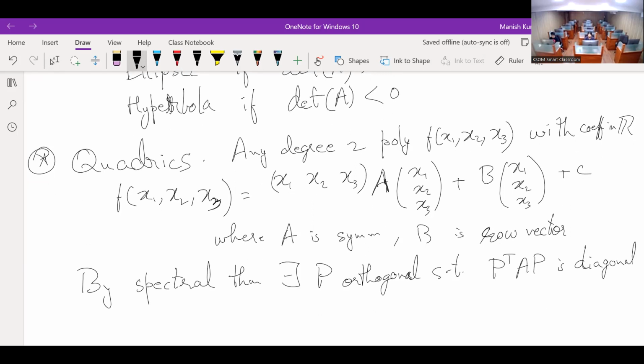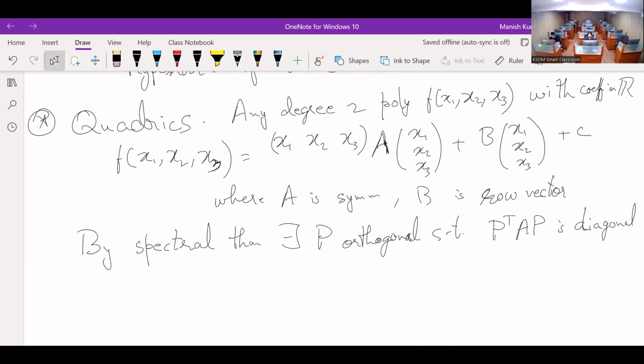So again, we will do this transformation. Our x prime will be P transpose x, and P transpose is basically P inverse. So x prime is P inverse x, like we did in the above case.